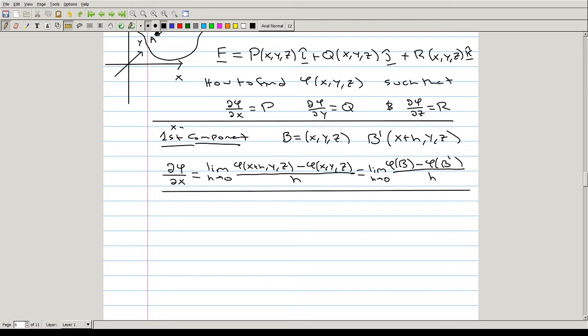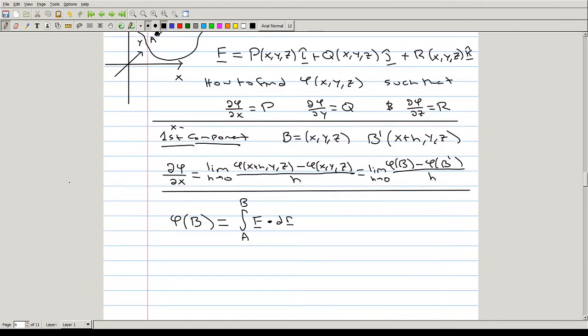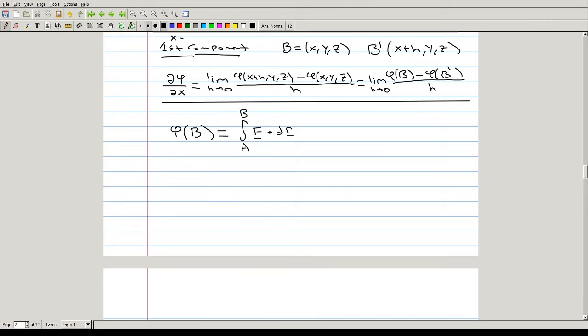We'll define the function phi at the point B to be exactly the line integral from A to B of f dot dr. And we can make this definition exactly. If we define this function phi of B to be the line integral, there's no problem with doing that.